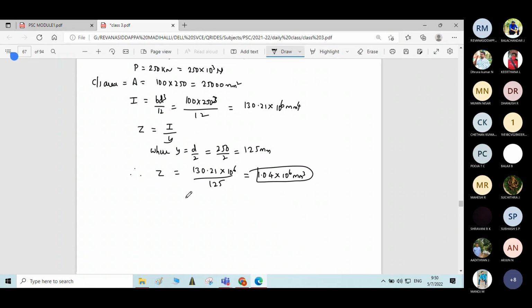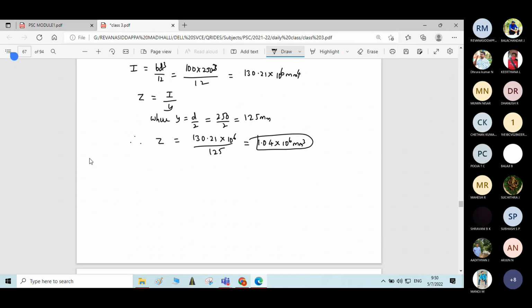Now we calculate the dead load of the beam. Dead load of beam is equal to cross-sectional area multiplied by density.